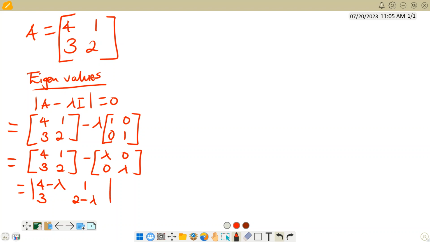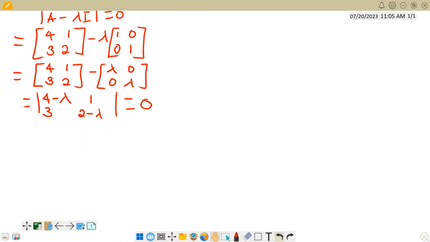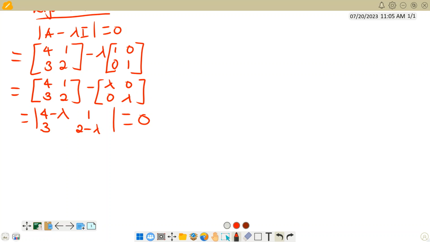We are saying that the determinant of this should be equal to 0, right? Therefore, to get the determinant you have to subtract the lower diagonal from the major diagonal.